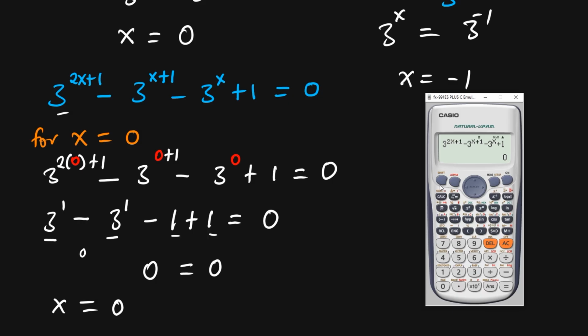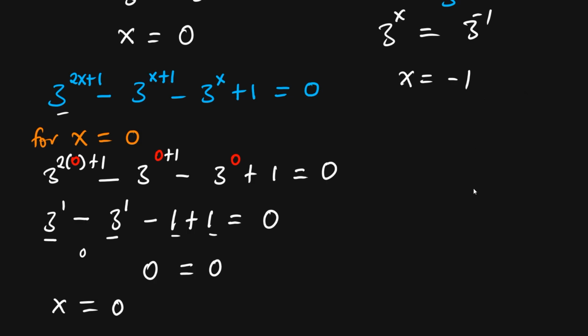Also for x equals -1, we press CALC again. It asks for the value of x, which is -1. We get 0 again, which implies that if you input x equals -1 in this, you will get a 0 on the left hand side, which should be equal to the 0 on the right hand side.